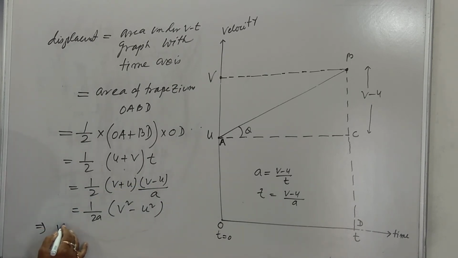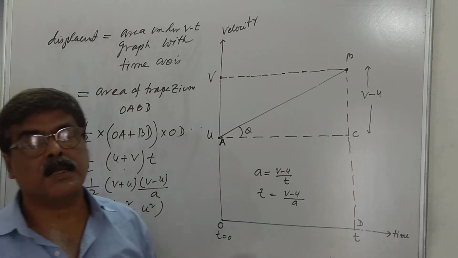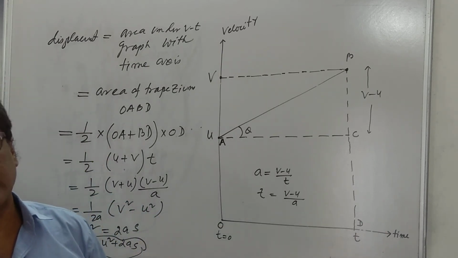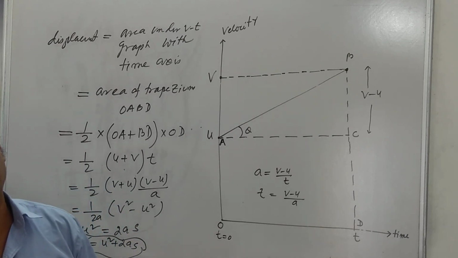And finally our result is v square minus u square is equal to twice a s, and v square is equal to u square plus twice a s. So these are the relations for uniformly accelerated motion that we can establish by the graphical method.